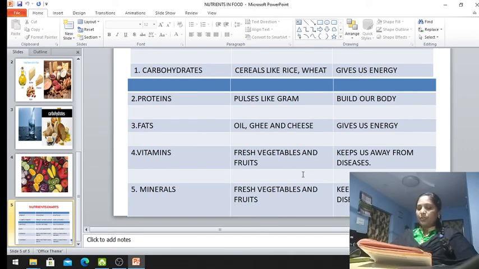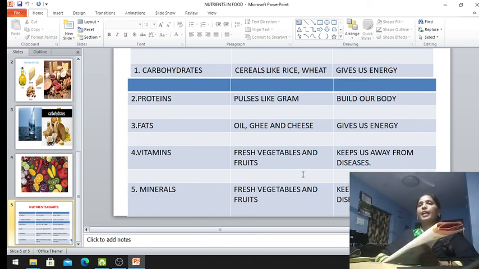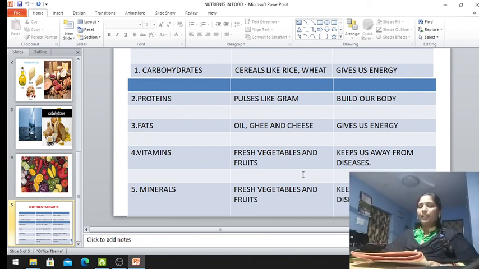First you should see which foods come under carbohydrates. Carbohydrates give us energy, and fats also. So among all these, which food comes under carbohydrates? First you find out, and after finding which food has carbohydrates, then you circle them. Understood, children?